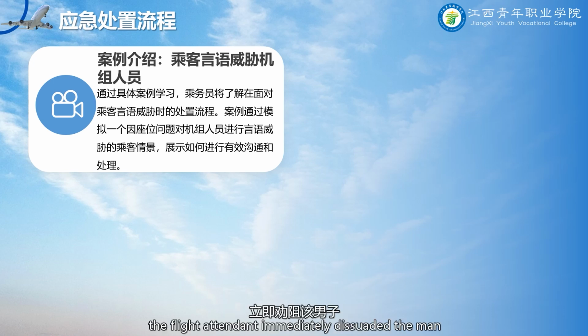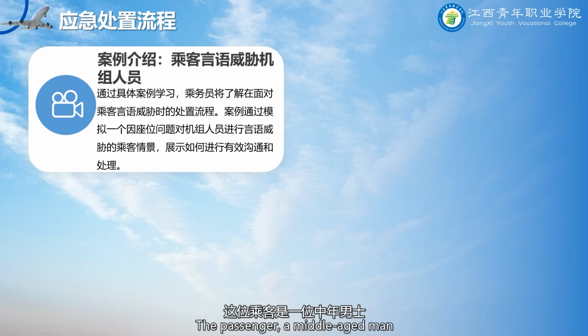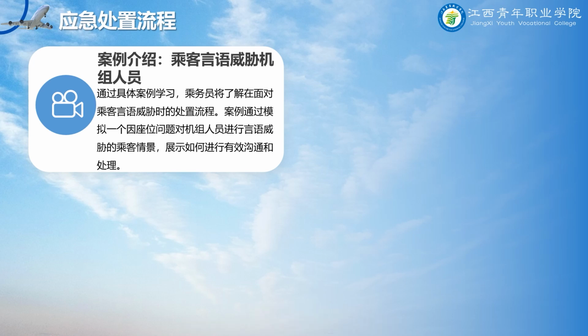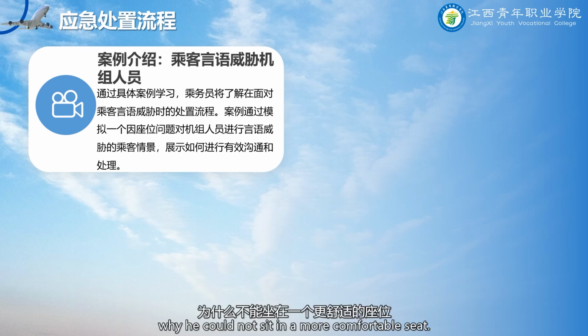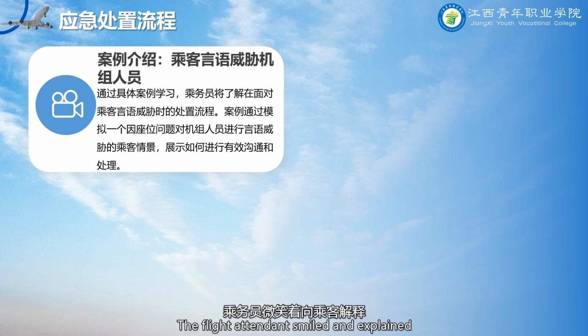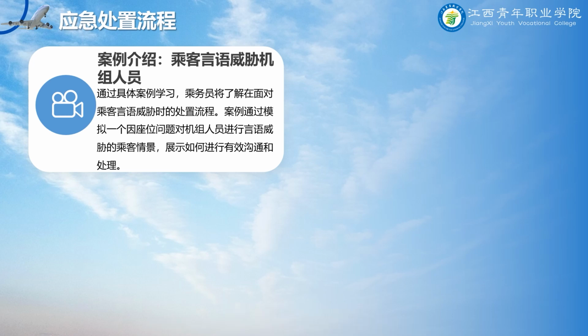Upon discovery, the flight attendant immediately dissuaded the man from returning to his seat. The passenger, a middle-aged man who looked annoyed, shouted and asked the flight attendant why he could not sit in a more comfortable seat. The flight attendant smiled and explained the airline's seat assignment rules to the passenger.